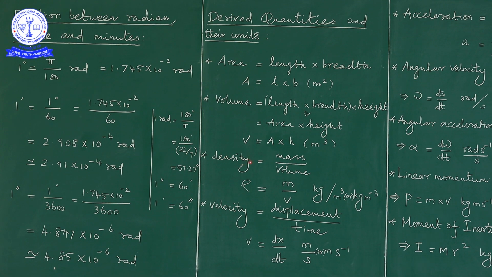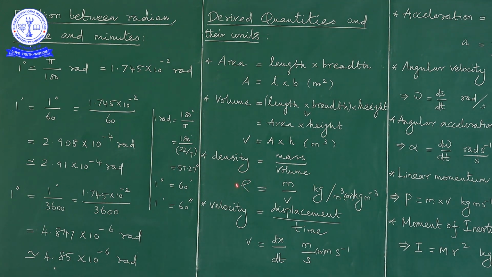And third is the density. Density is the ratio of mass per volume. Mass is in kilogram, volume is in meter cube.